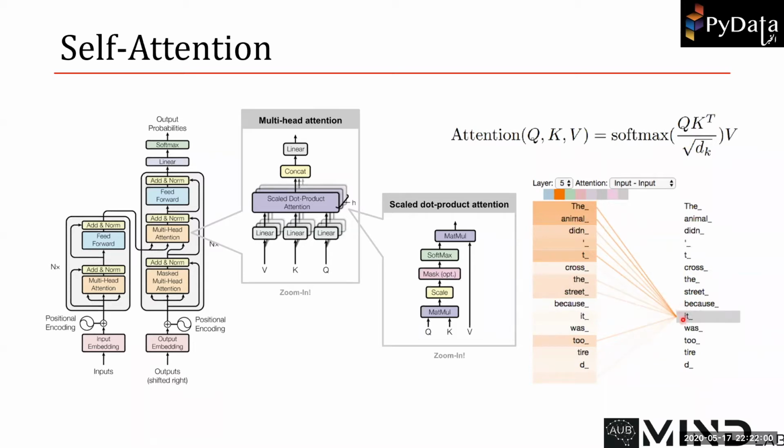Also, we can see here that the word "it" is finding the context to its left and to its right. So it's looking at the whole sentence, not only at the tokens that came before it, like the language model architectures that I talked about earlier. It tries to find a better representation for this word "it" based on the context that it is in.